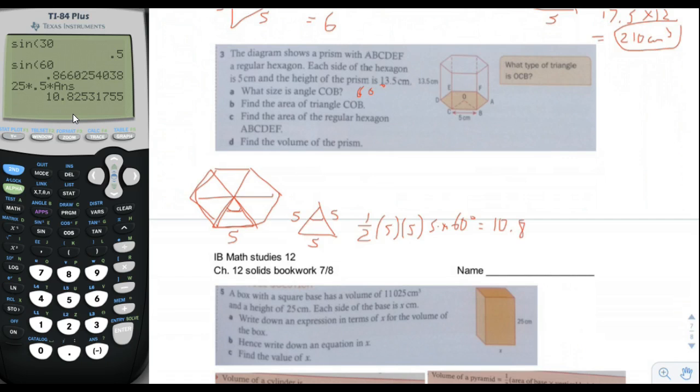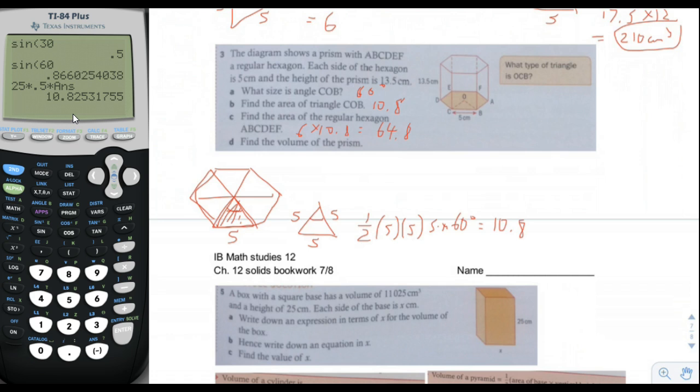Okay, so that is the area of the small triangle, COB. And then it says, find the area of the regular hexagon ABCDEF. Well, there is 6 of these triangles in there, so we could just multiply 6 times 10.8, and that will give us the area of the hexagon, 64.8.